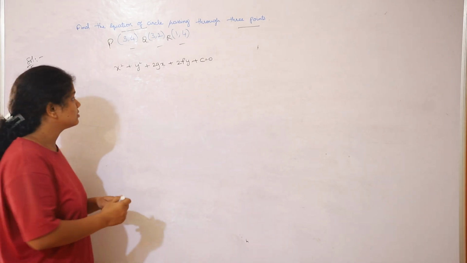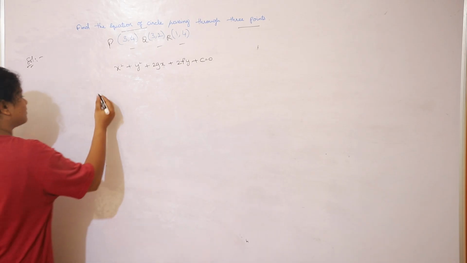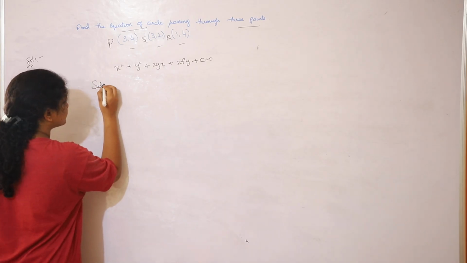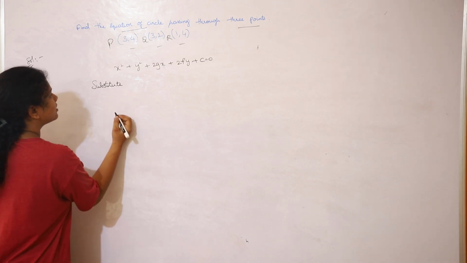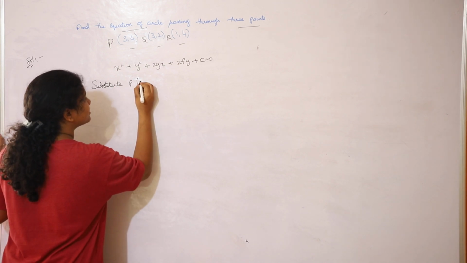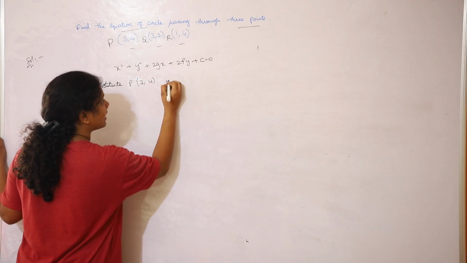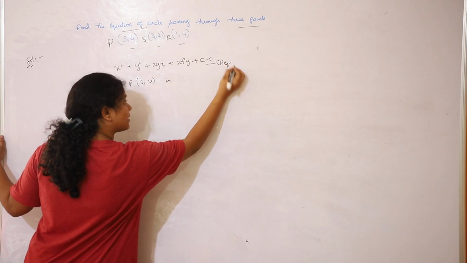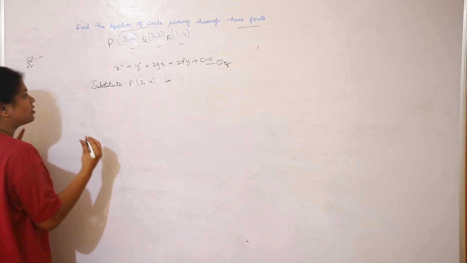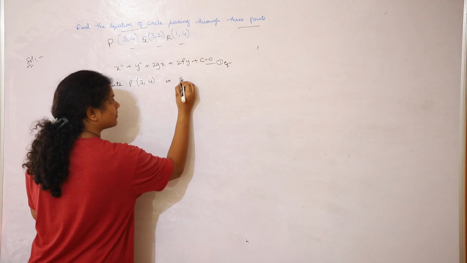R value, again a new equation. So first I would love to substitute P, which means (3, 4), in the general equation, let us name it equation number 1.